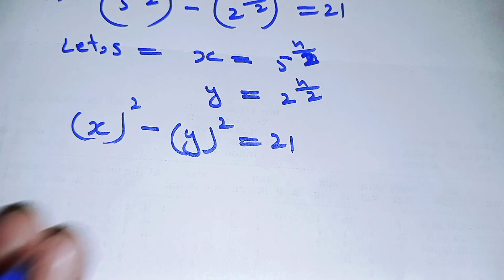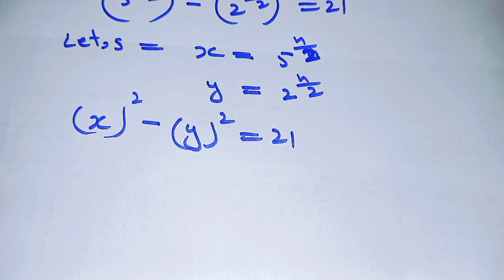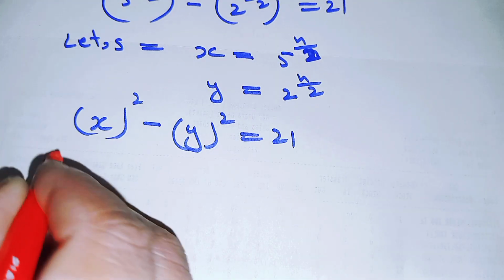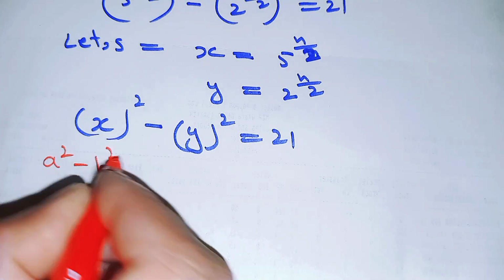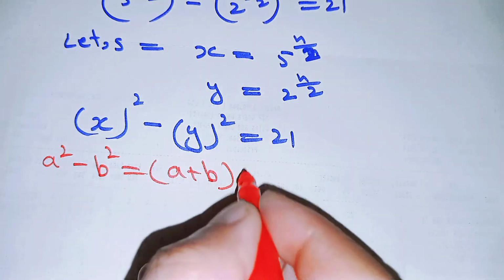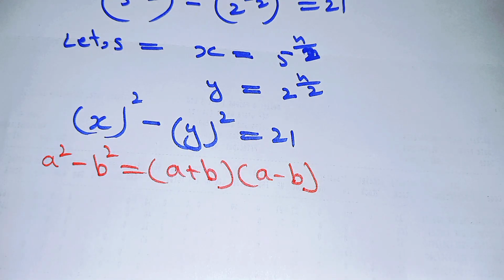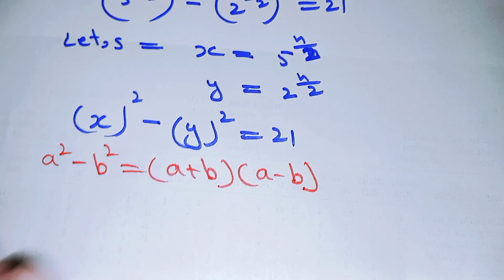Here we use a nice algebraic identity: a squared minus b squared is equal to a plus b times a minus b. We solve according to this identity.